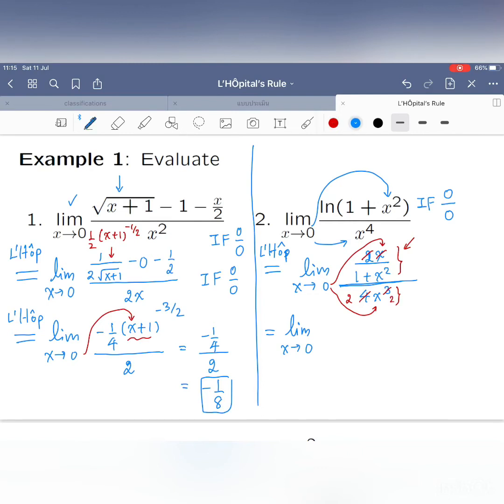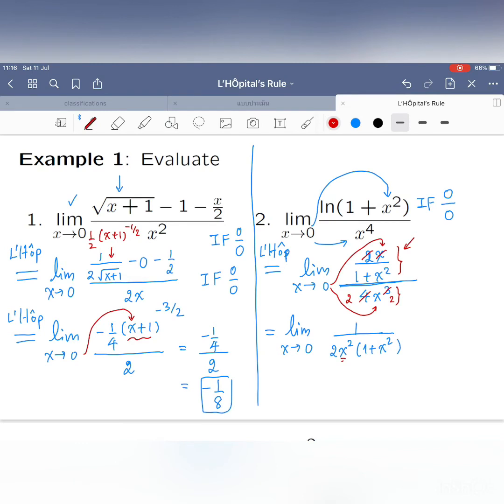So actually your top goes to 1, and your bottom depends on 2x squared and 1 plus x squared. Is it right? This is a fraction manipulation. You end up with this simple fraction, 1 over 2x squared and then 1 plus x squared.